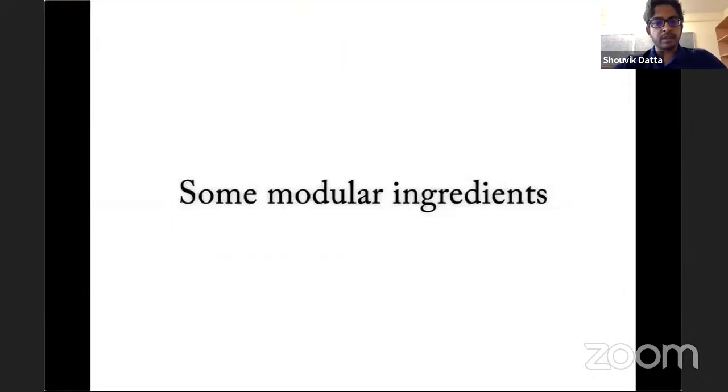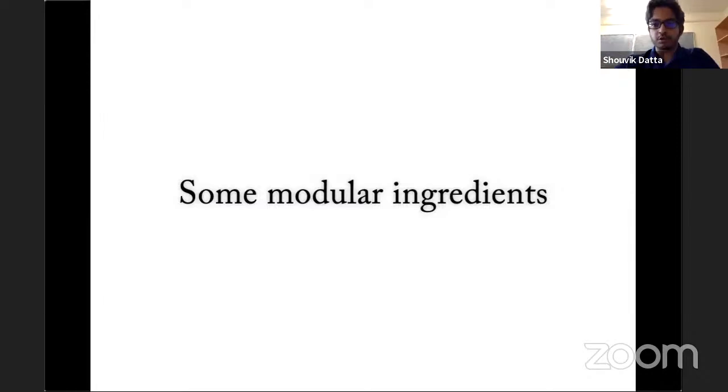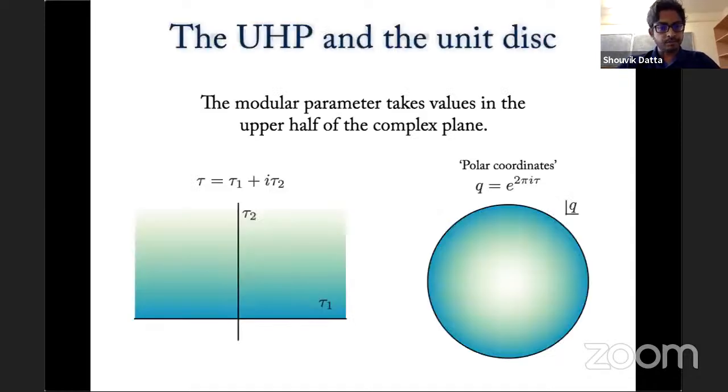So we will be investigating this block in the heavy exchange regime, where the intermediate exchange dimension is going to be large. So in order to make some sense of the structures that will be arising from that analysis, we need to remind ourselves about some modular ingredients.